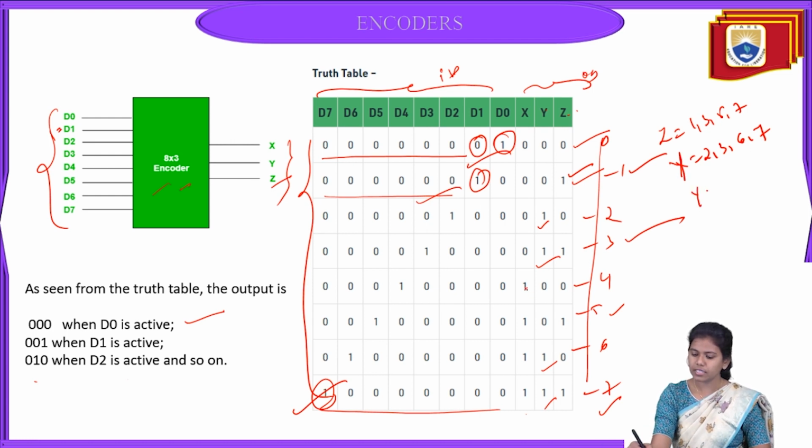And for X, it is 4, 5, 6 and 7. These are the outputs activated with respect to the inputs.